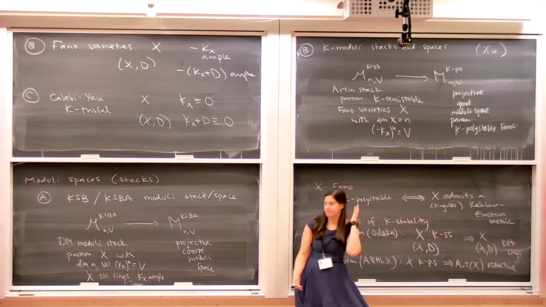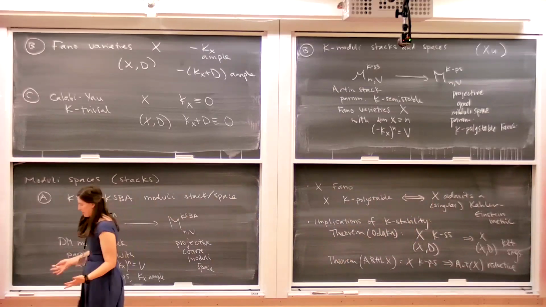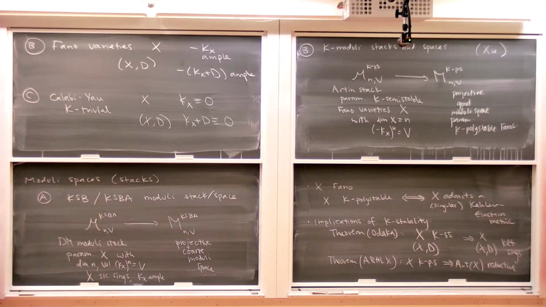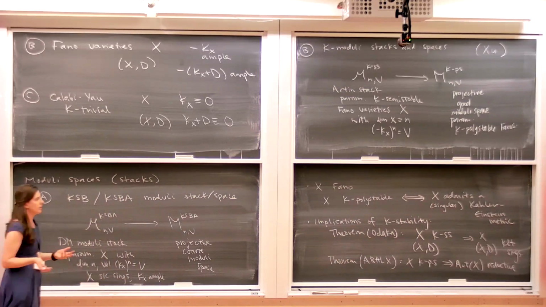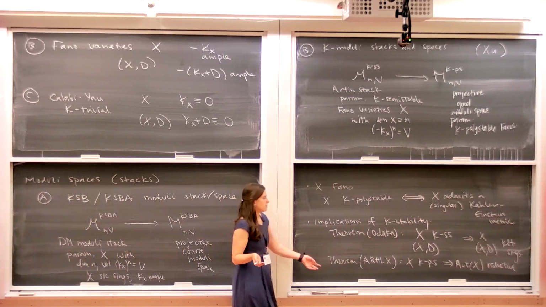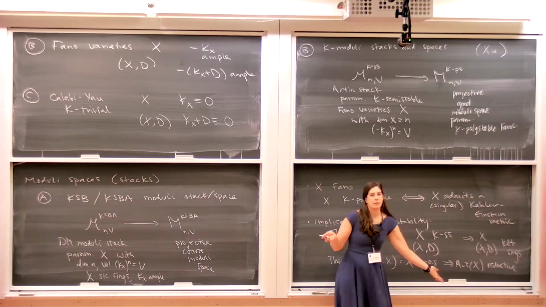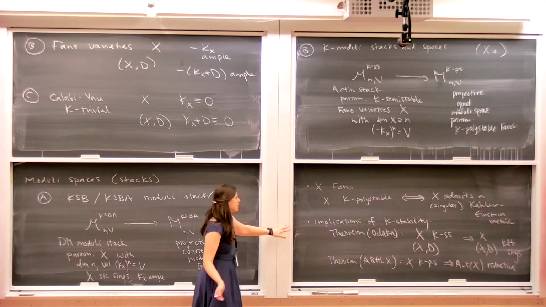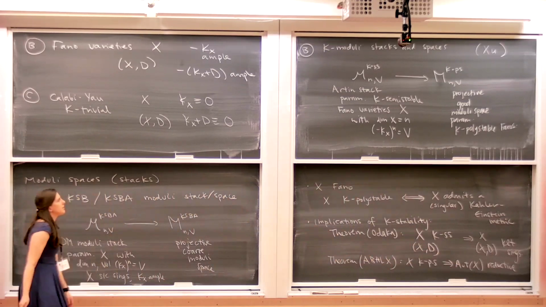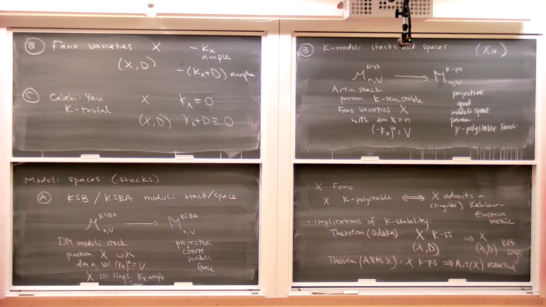So I don't know if this will help you understand K-stability, but at least these two conditions tell us that not every Fano variety can be K-semistable. If you take P2 and you blow it up at one point, the automorphism group is not reductive. So it turns out to not fit into this criteria. So the K-moduli stack itself parameterizes Fano varieties with these very nice conditions.